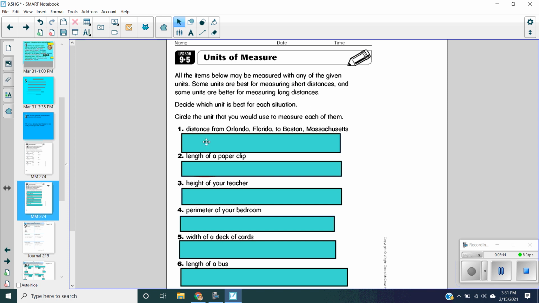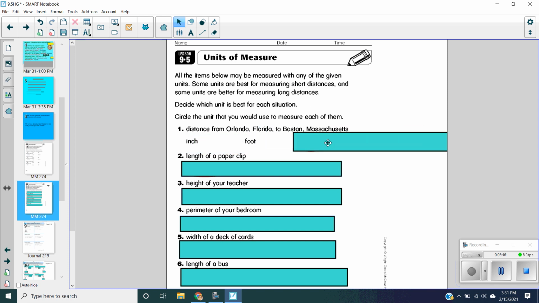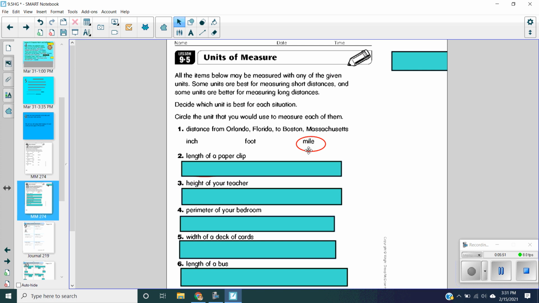So the distance from Orlando, Florida to Boston, Massachusetts, we would want to measure that in miles. So I circled the word mile. The length of a paperclip. And if I'm about to reveal an answer before you've solved, press pause as often as needed, but you would want to use a centimeter for that.